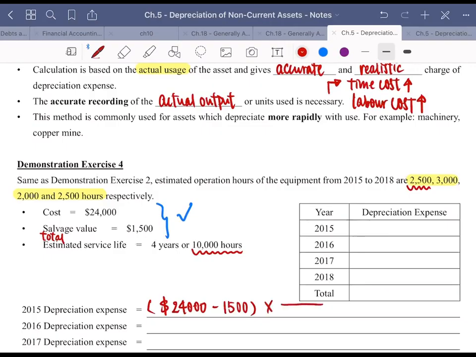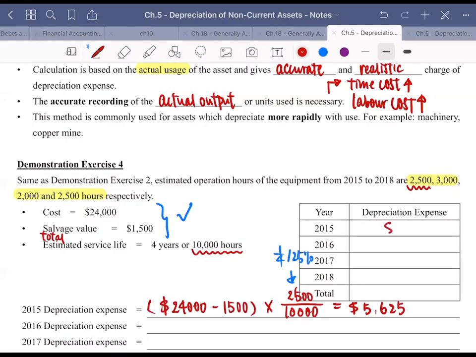The total estimated service life would be 10,000 hours, but we are going to use 2,500 hours only. So we can foresee that this is the ratio of 1 to 4, or you may say 25% in the first year. And we can get the amount $5,625 in the first year.